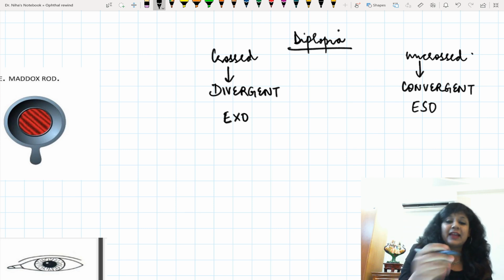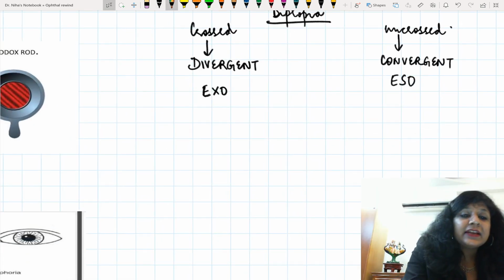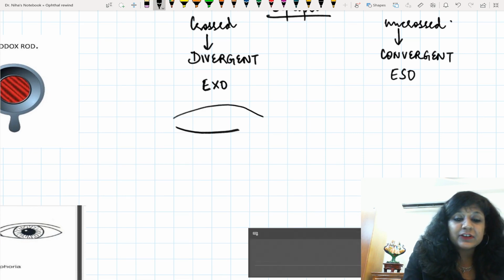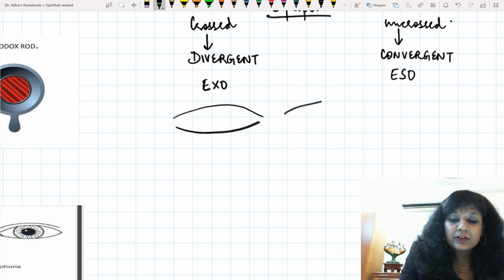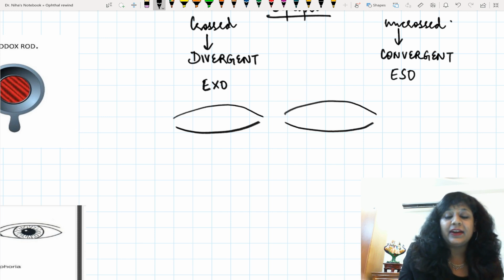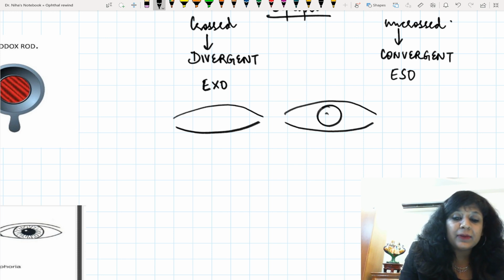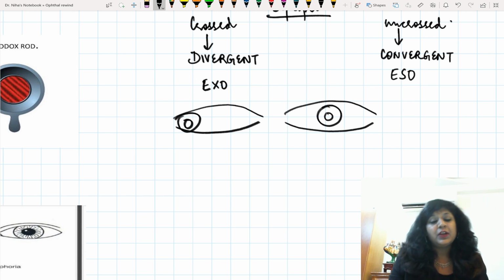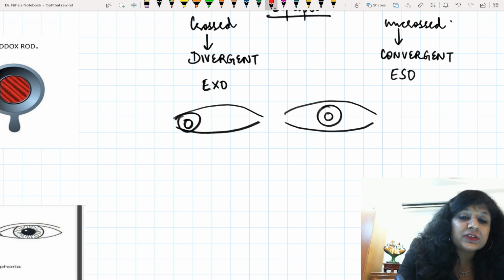So what happens actually, suppose I take the example of the divergent squint. These are the two eyes, right? Now this is your normal eye and this eye is having the divergent squint, okay? Suppose I put the Maddox rod in front of this eye.